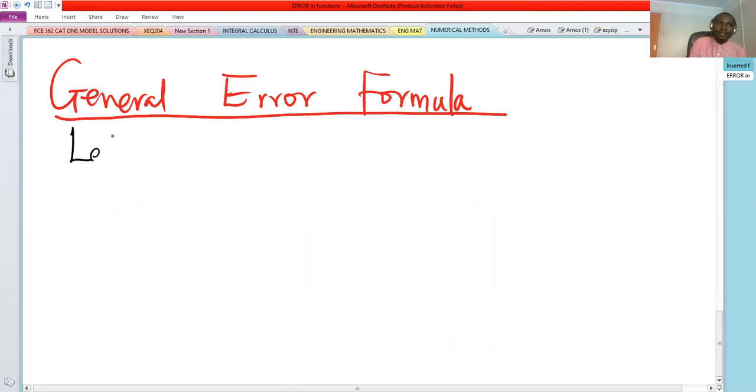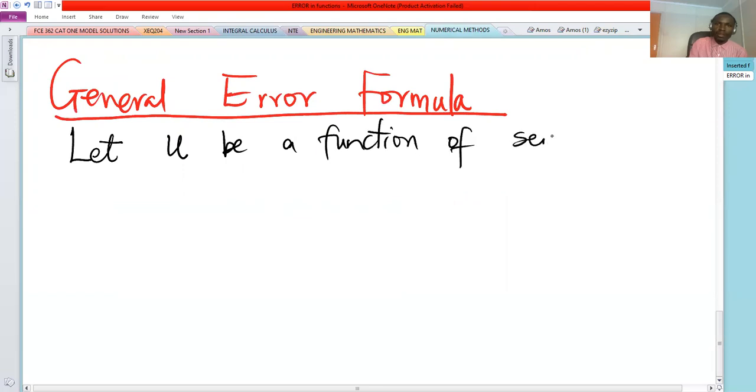Let u be a function of several variables x1, x2, x3, up to xn.